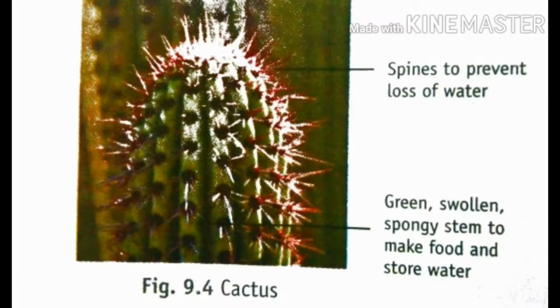Because the chlorophyll, that green pigment, is present in it. Chlorophyll is also one main thing needed to prepare food. So here the stem is the food factory of the cactus plant.